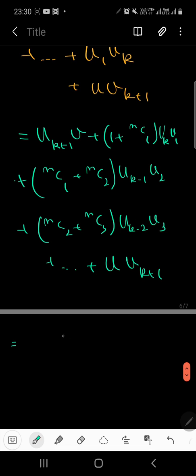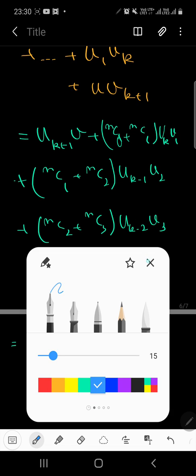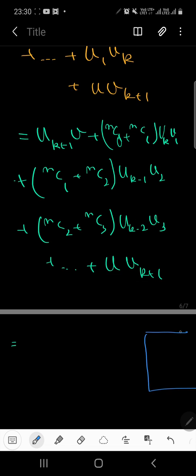Now we can change this one to nC0, we can change this one to nC0. Now we know the identity, the formula, that nCr plus nC(r+1) is equal to (n+1)C(r+1).